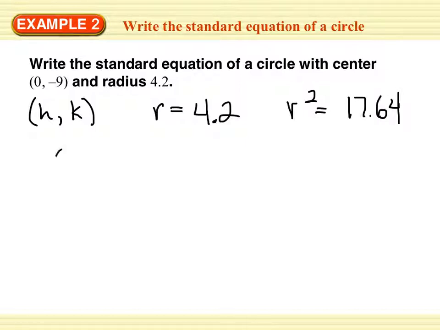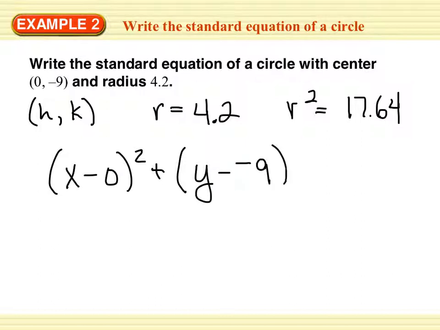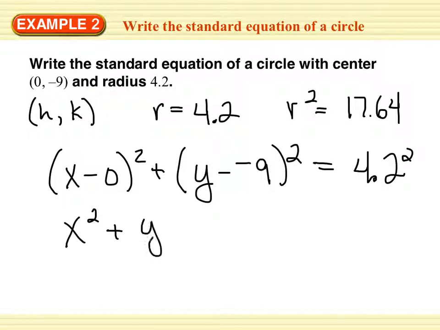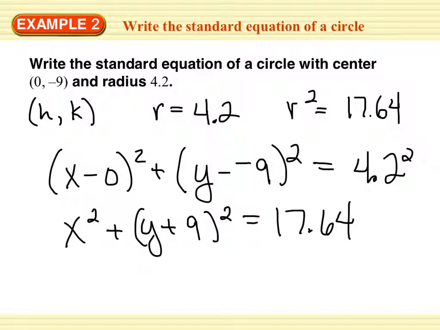So let's put it in our equation. x minus h squared plus y minus k squared equals 4.2 squared. Simplify. x squared plus y plus 9 squared equals 17.64.